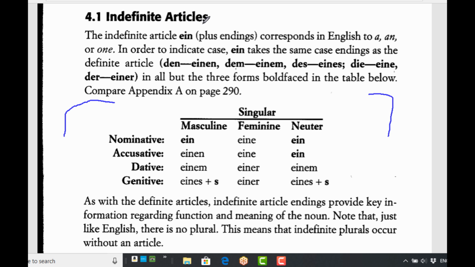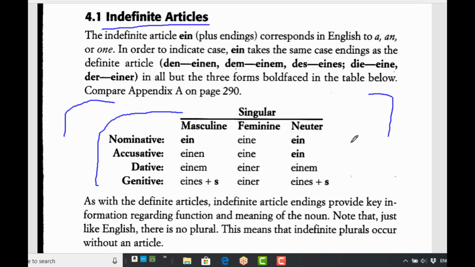Okay, so the indefinite articles are just a instead of the, and it gives you the declension of those, which follows precisely the declension of the definite article. So this is eine, ein, and this would be der, die, das, and then accusative einen, eine, ein, equivalent would be den, die, das, dative, einem, meaning dem, der, dem, so of to or for a with a masculine and then feminine and neuter, and then genitive, eines, einer, eines, identical to des, der, des.